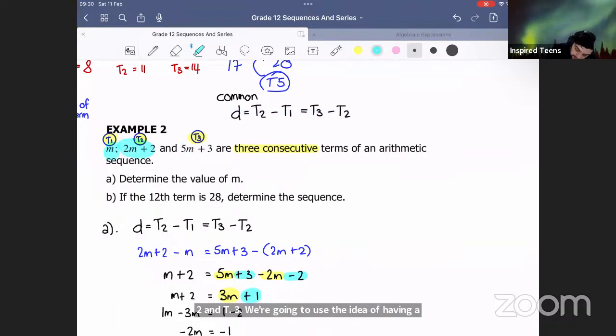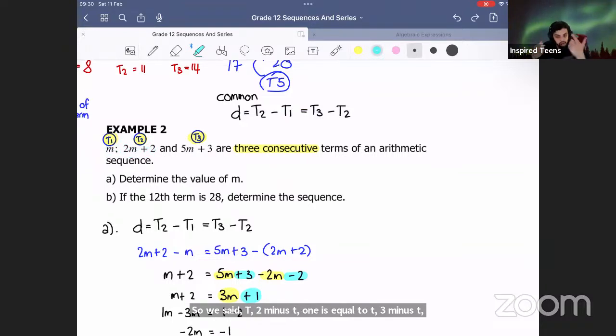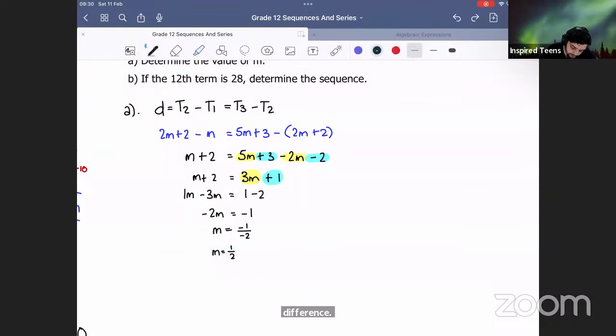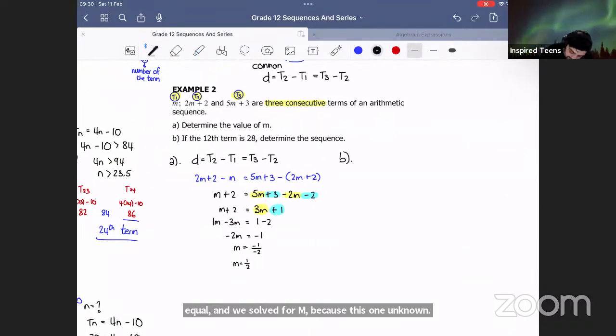So we said T2 minus T1 is equal to T3 minus T2. We equated those two because it's a common difference, they're equal, and we solved for M because there's one unknown. Now that we have the value of M, they say if the 12th term is 28, determine the sequence.